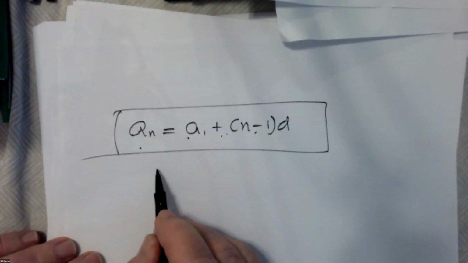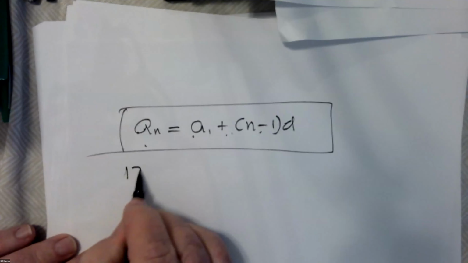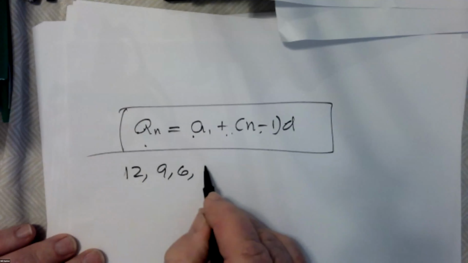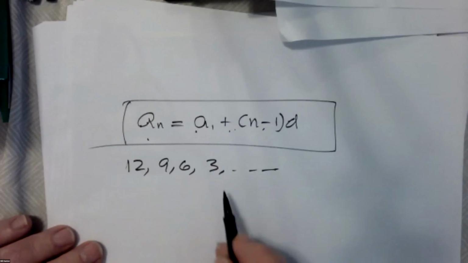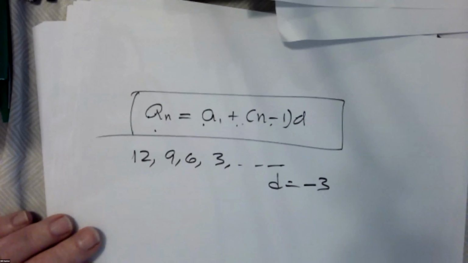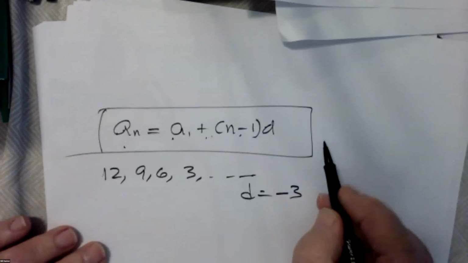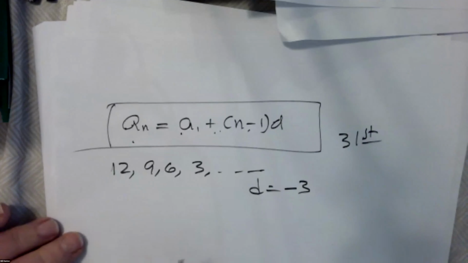So let's say I give you this sequence here: 12, 9, 6, 3, and I keep on going. So now I'm getting smaller. What's my common difference here? Minus 3. So D is minus 3. Let's say I'm looking for the 31st term.